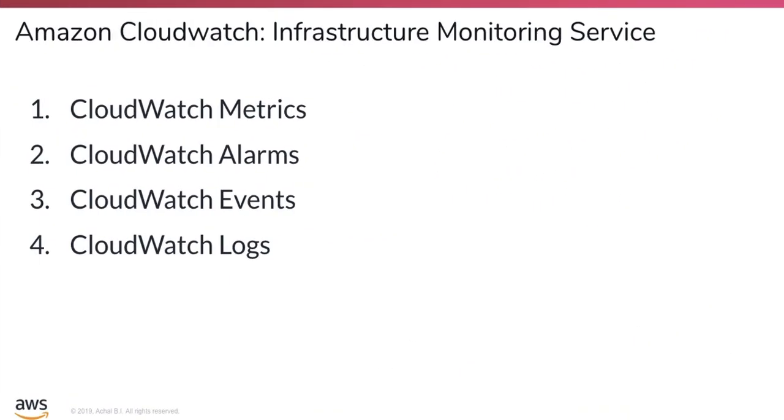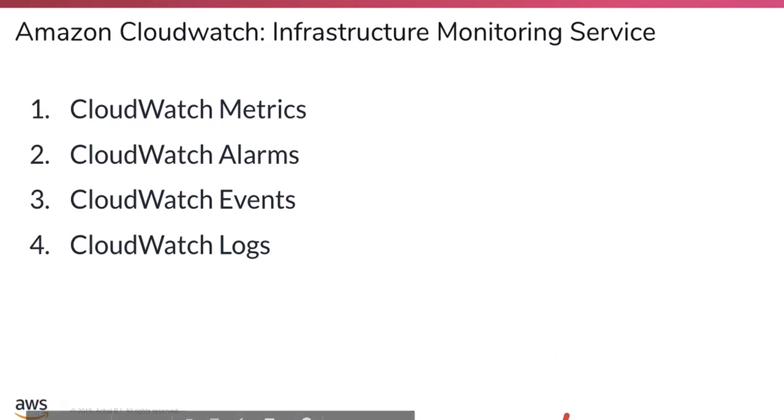So there are mainly four services that are provided by CloudWatch. One is metrics, CloudWatch metrics. Basically these are the data points provided mainly by instances or applications which give you the value of the utilization, or disk IOPS and things like that.